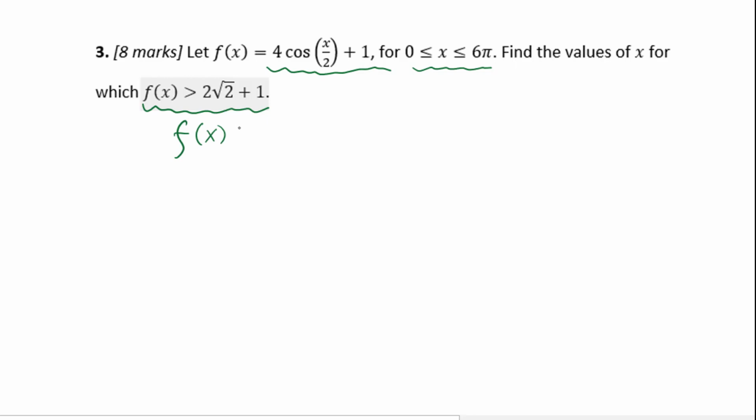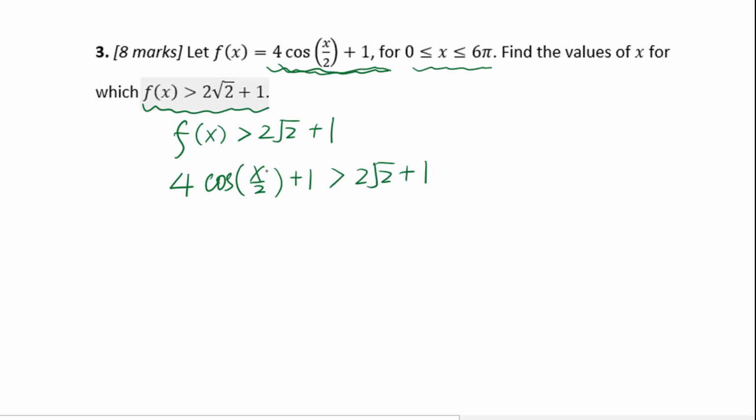For f of x greater than 2 square root of 2 plus 1, we know f of x equals this, so we plug in. You will get 4 cosine x over 2 plus 1 greater than 2 square root of 2 plus 1.